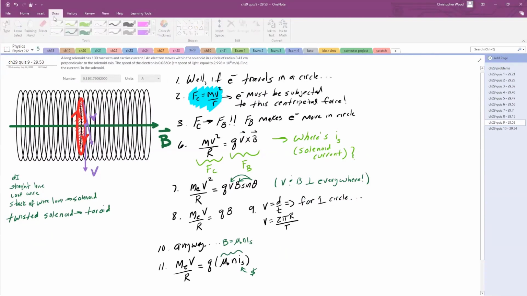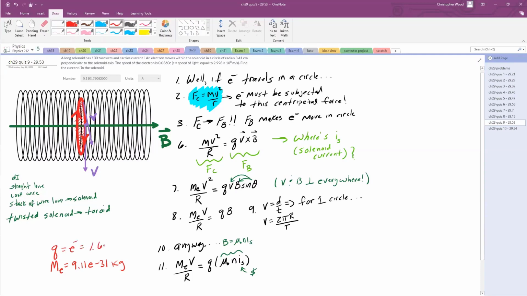Let's just go through a checklist. The mass of an electron is 9.11 times 10 to the minus 31st kg. Do we know the radius, the turn radius? Yes, that's given. Do you know Q? Yes, the charge of an electron equals 1.6 E minus 19 coulombs.